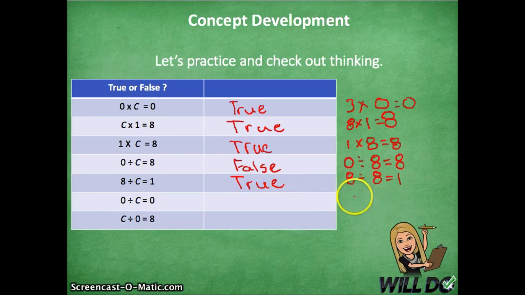Oh, the next one, 0 divided by c, which we might plug in as 0, equals 0. True again.